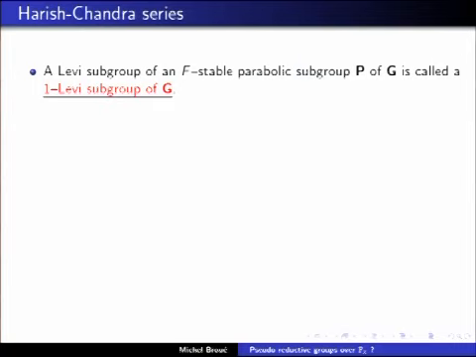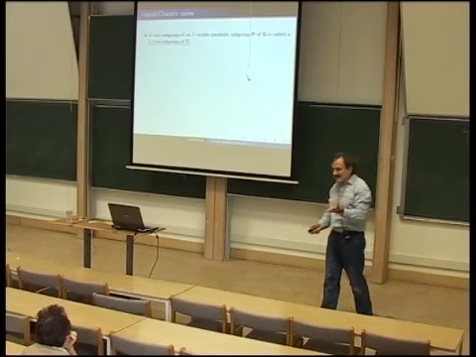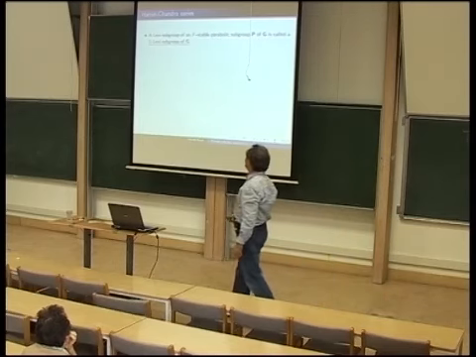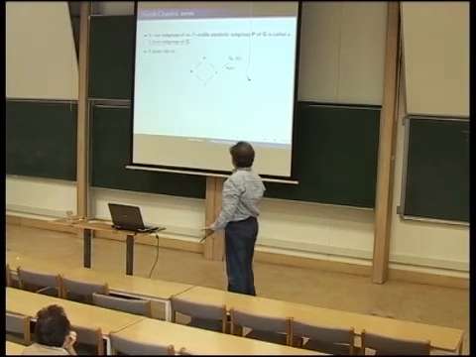A Levi subgroup of an F-stable parabolic subgroup P of G, I'm still sticking with the reductive group defined over F_q, etc. A Levi subgroup of an F-stable parabolic subgroup P of G is called here a 1-Levi subgroup, 1 meaning that it is contained in the parabolic subgroup. So it gives rise to this picture.